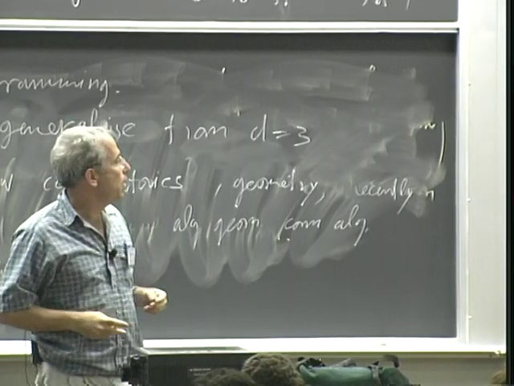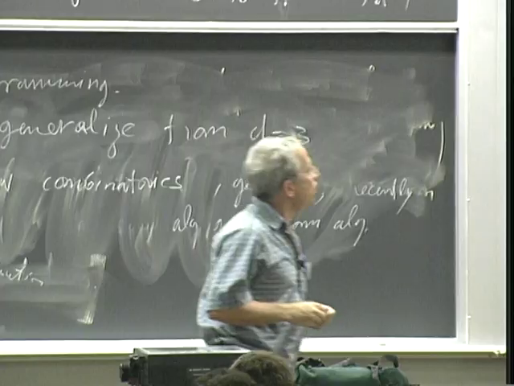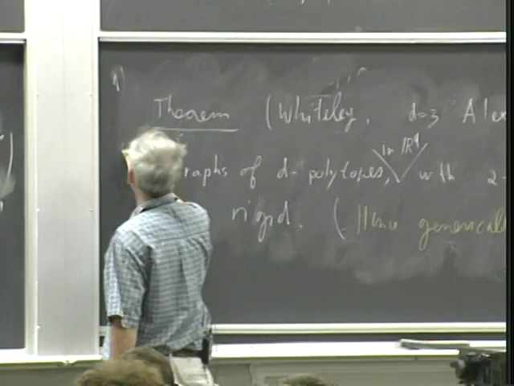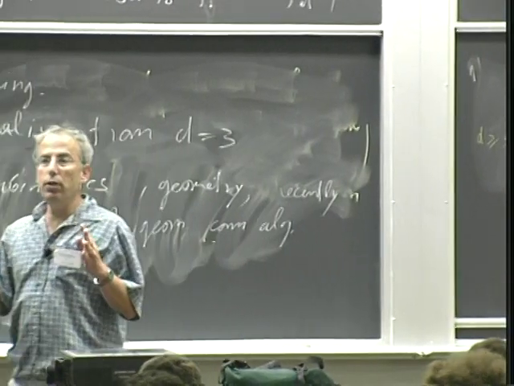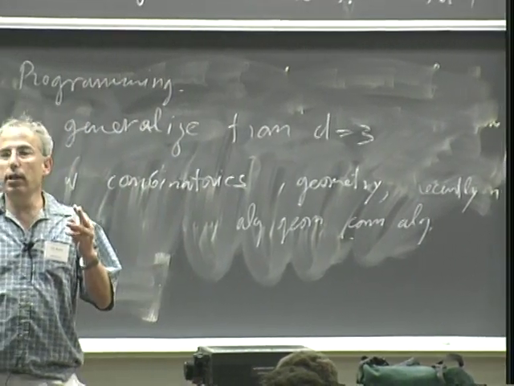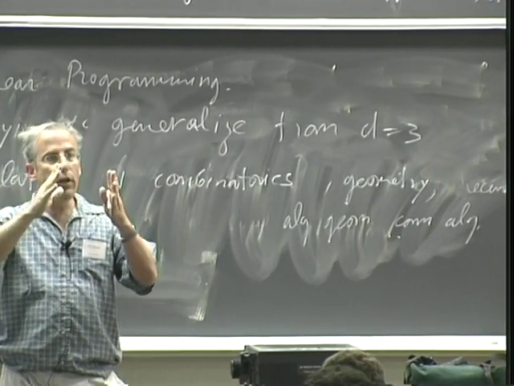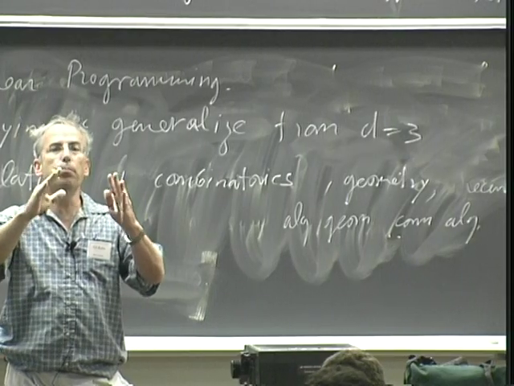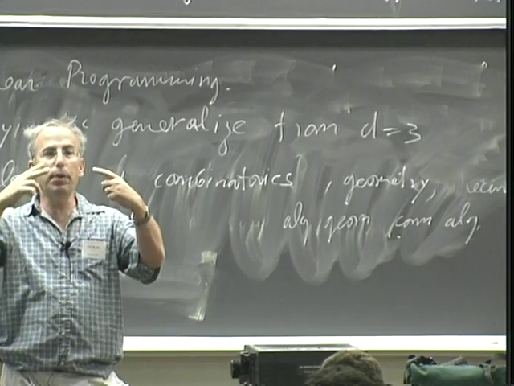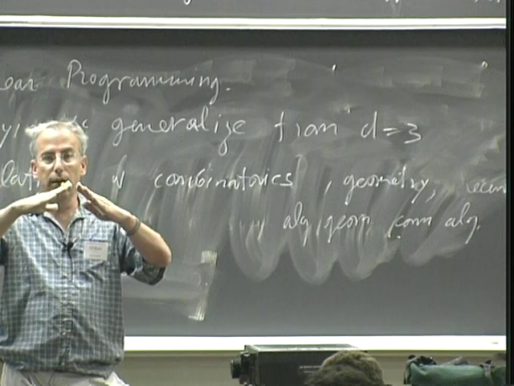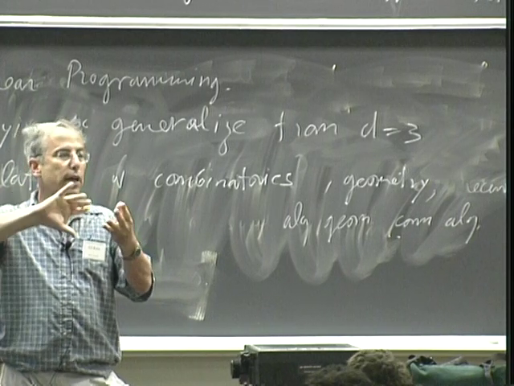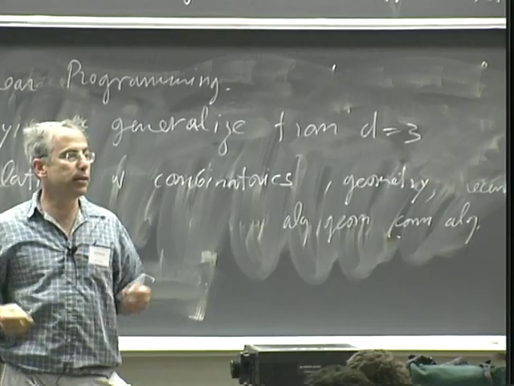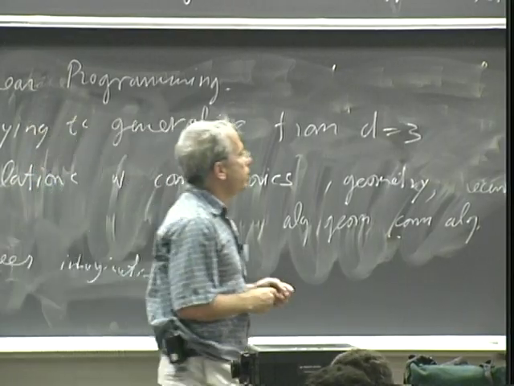I should say this is for D greater or equal to 3. It's not true for D equal to 2. When we have such a structure, we call it rigid if the only motions of the structure which keep the lengths of the edges fixed are rigid motions of the entire space. So this is the definition of rigid.